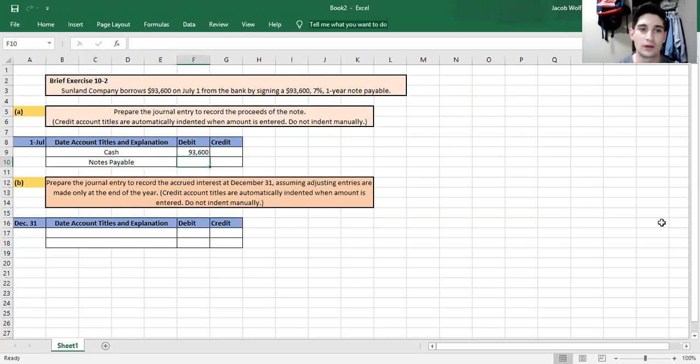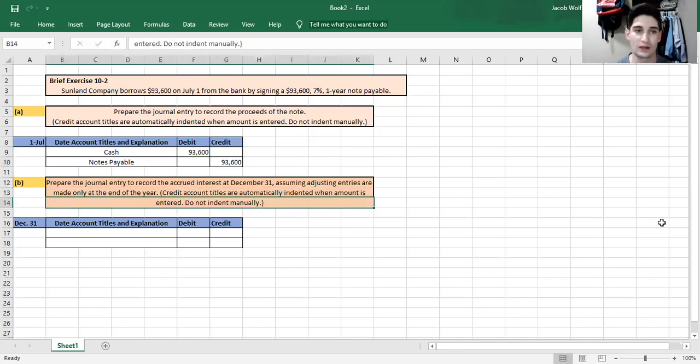A notes payable account will increase by $93,600 as well, but we're going to credit that. So $93,600 credited to notes payable, and that balances out both of those accounts. And I guess that's part A, but that's pretty self-explanatory. That's just putting in there, the company borrowed that $93,600.